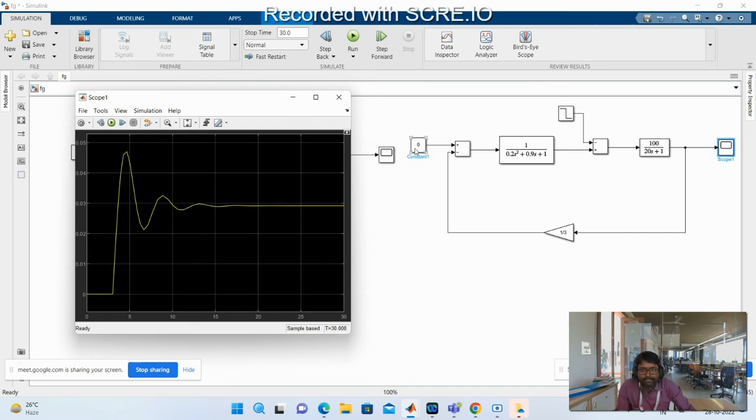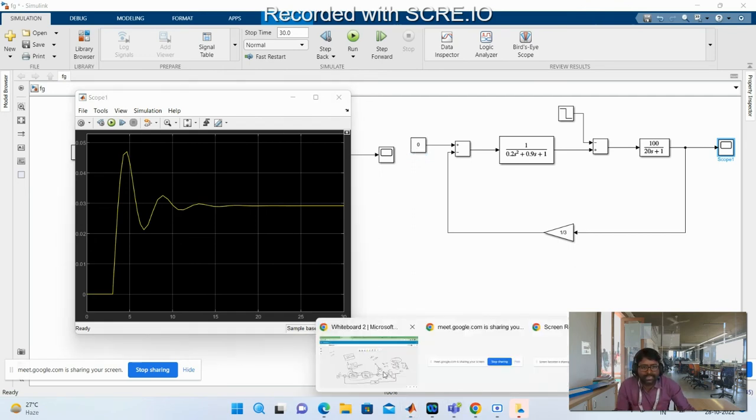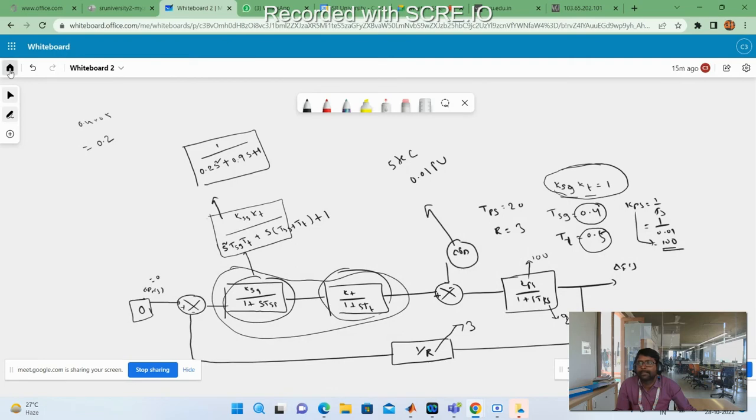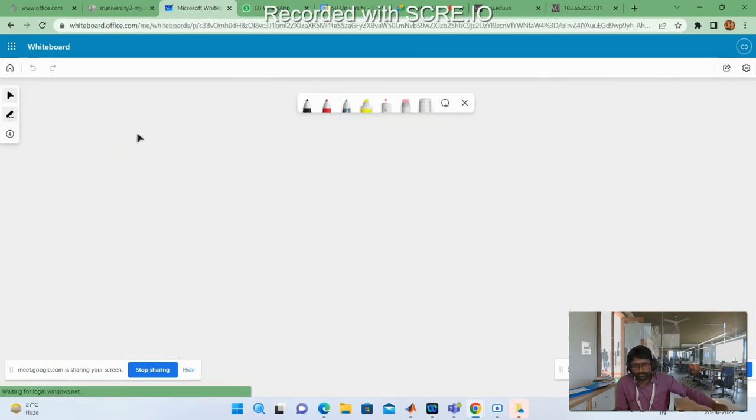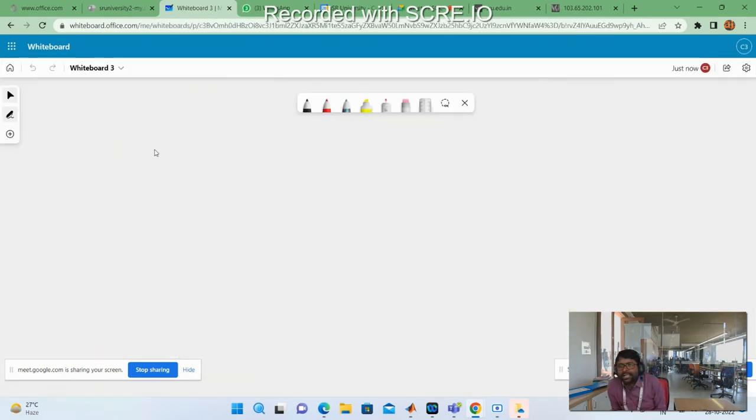Okay, so I'm going to discuss the last case. It is the PI controller, case 3. Okay. So again, tell me, draw the block diagram. Plus and minus.